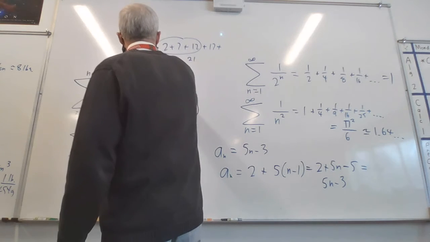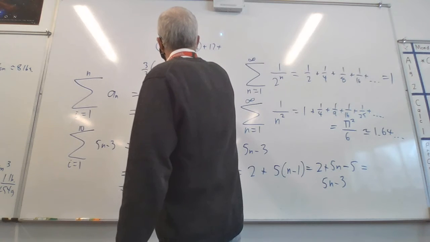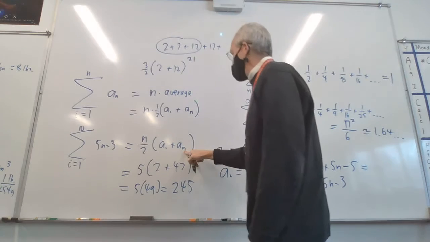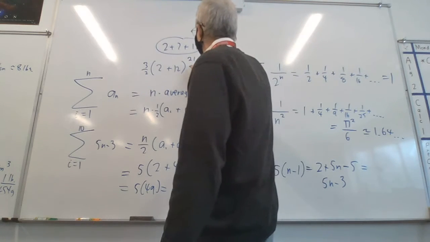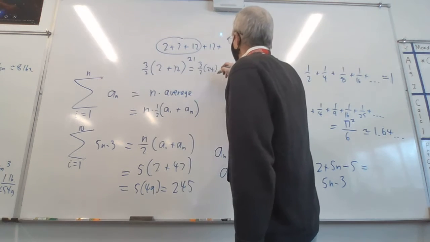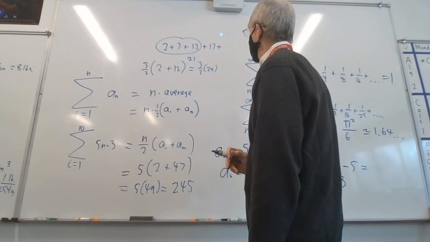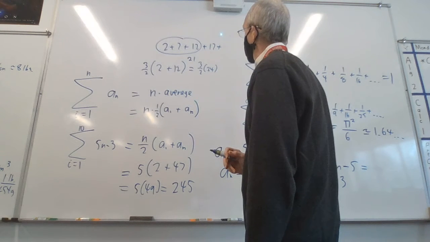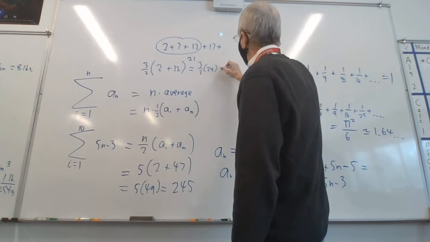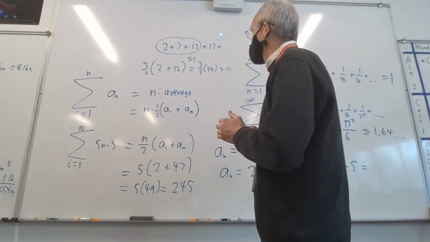We have n over 2, 3 over 2, times the first one is 2, the last one, A3, is 12, which is 3 halves times 24, which is, oh, it didn't work. I need to get 21. Why is this not working? What's wrong with my formula?